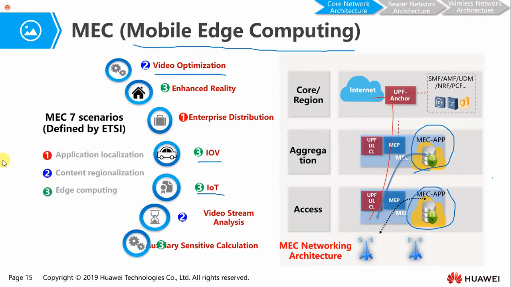So there are three types of MEC scenarios. The first one is application localization. Application localization is for more security. Some information is very sensitive for security and is not able to go through the public transmission network, the core network.